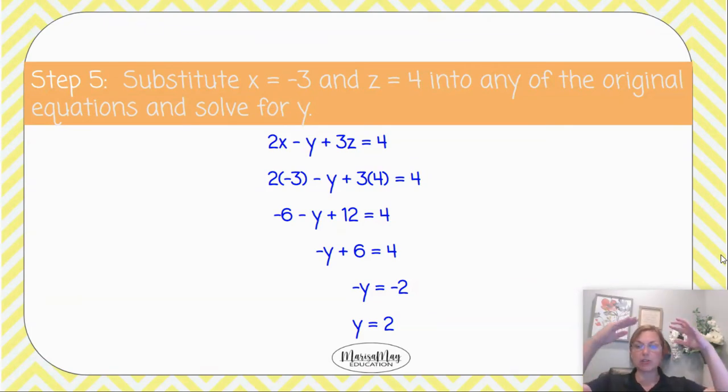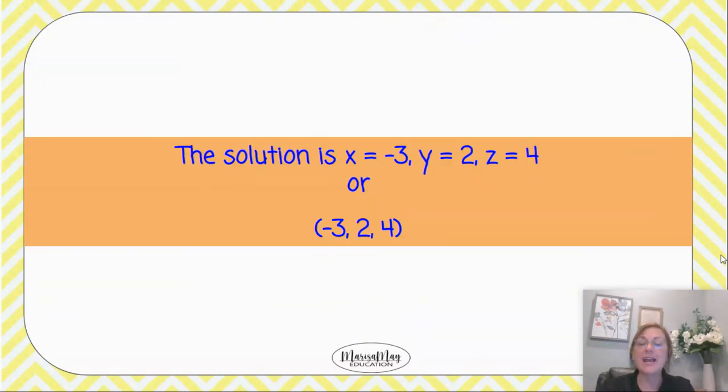So it's almost like you're taking the originals and going down to 2 new equations, solving for a variable, and then working your way back up in those equations until you have all 3 variables. And because we found them, notice I'm putting them in alphabetical order in an ordered triple. So I've got -3, 2, and 4 as my solution here.